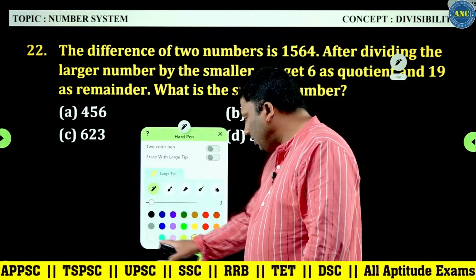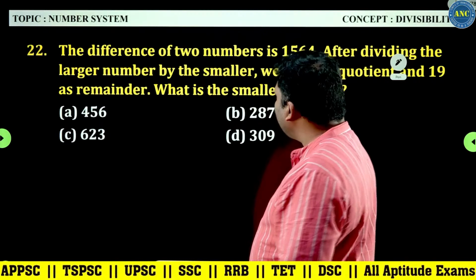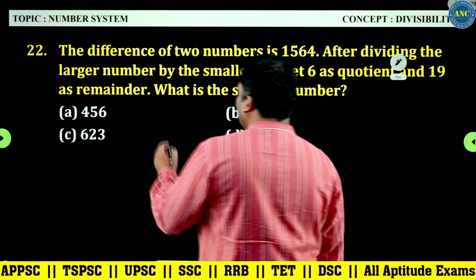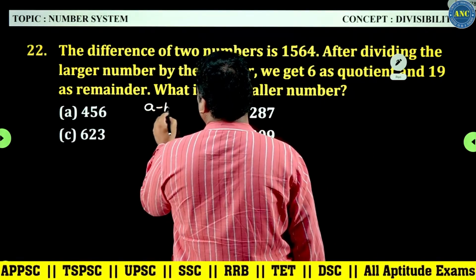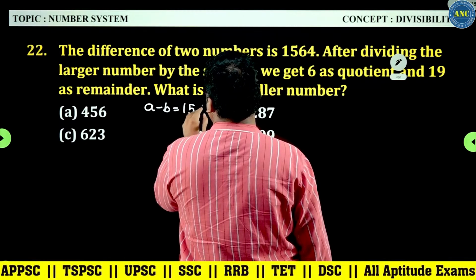Question 22. The difference of two numbers is 1564. A minus B is 1564.